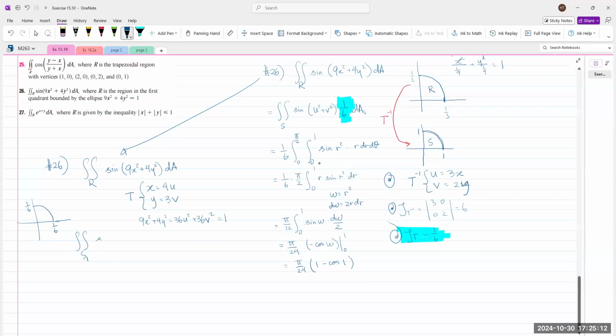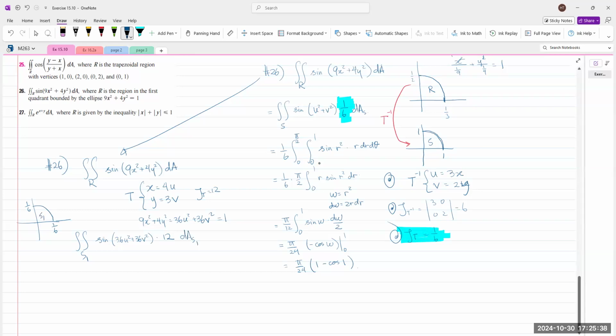Now we have sine of 36u squared plus 36 phi squared. What happened to the Jacobian? The Jacobian of T, you will see that equals 12. So I multiply by 12 here, and then dA in S1.